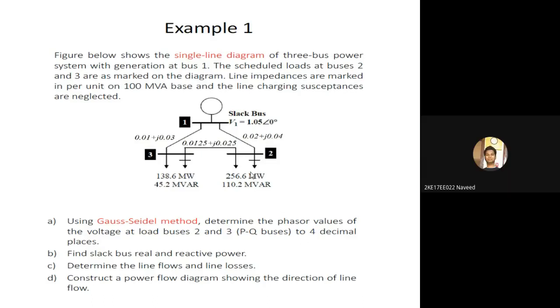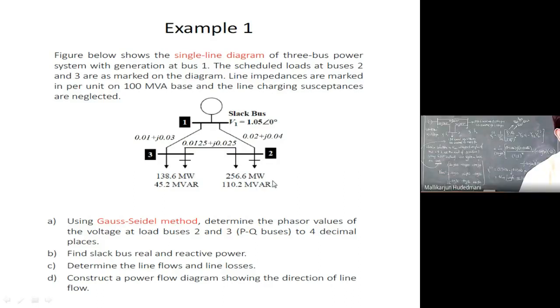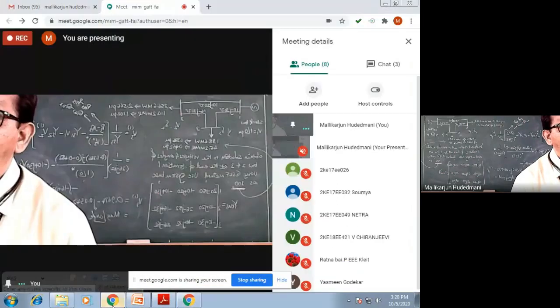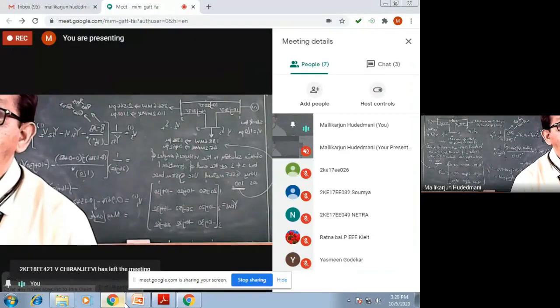Yes, sir, it is visible. No, someone is trying to connect with me, but there is an audio disturbance. So, am I able to present this slide to you? Let me come back and see. Somebody in the box, am I able to present to you?